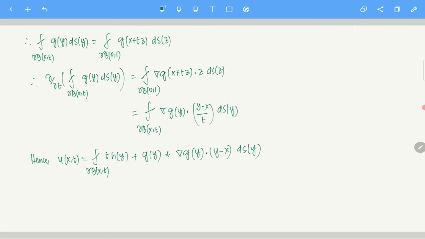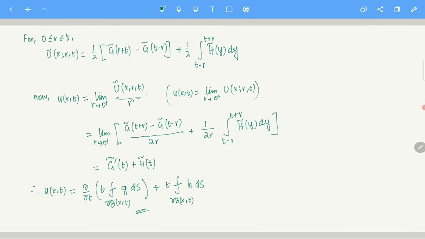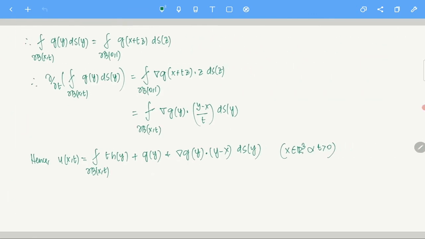Clear? So this holds for x in R^3 and t positive. I'm not doing anything but writing this. The u of x,t looks like this, right? This particular term we just calculated, and I'm just putting it together. This is t times that, so that is why that t is gone.